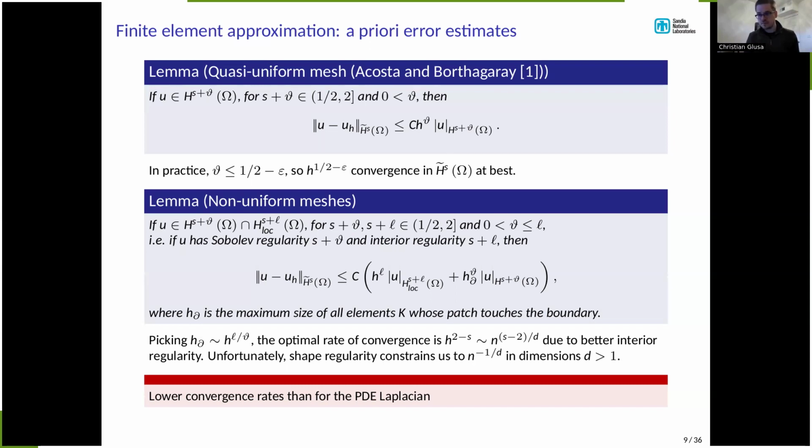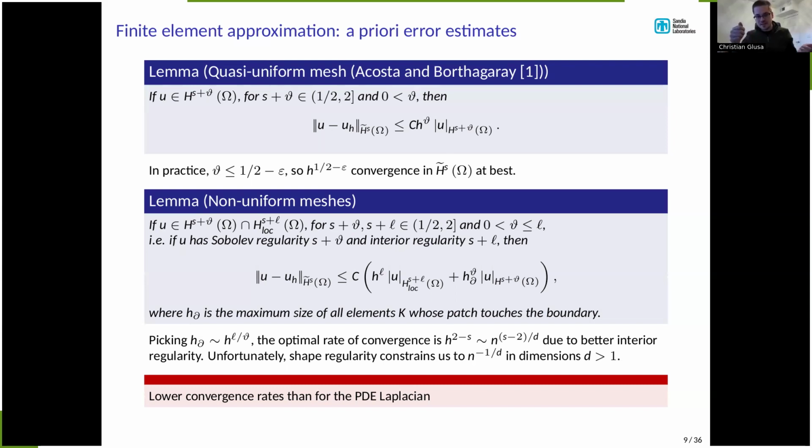And at that point, life becomes a little bit tricky because, I mean, we've seen that really the boundary itself is the issue. And so if we put really, really small elements close to the boundary, then we can get quite a bit better rate of convergence.